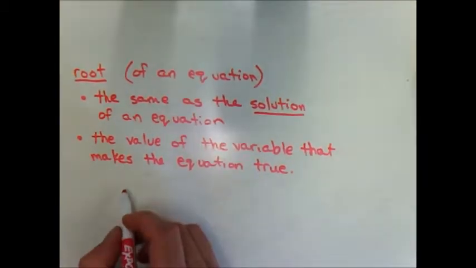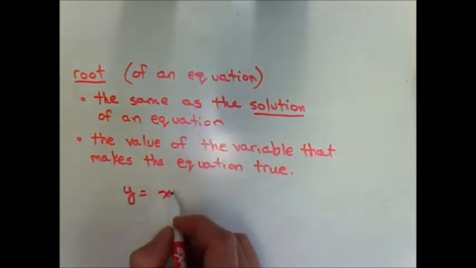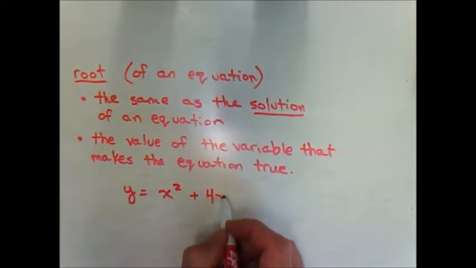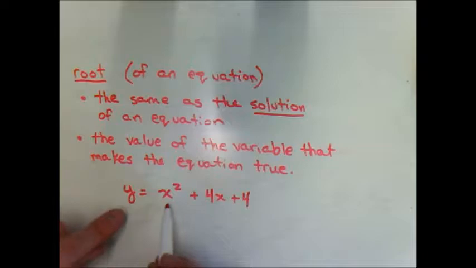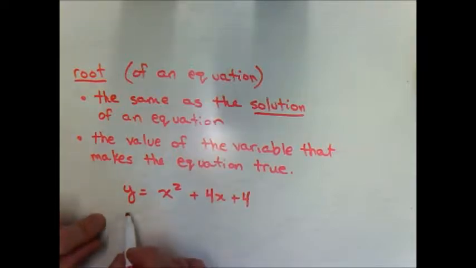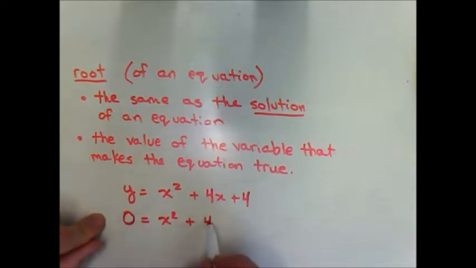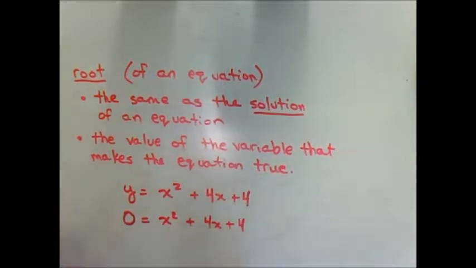So when we had something like y equals x squared plus 4x plus 4, there's two variables, and we could sub in any value for x, and we could get a value for y. Okay? But now we're working with something that looks like this. 0 equals x squared plus 4x plus 4.